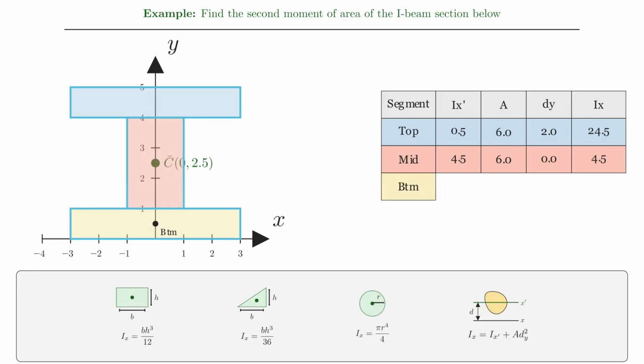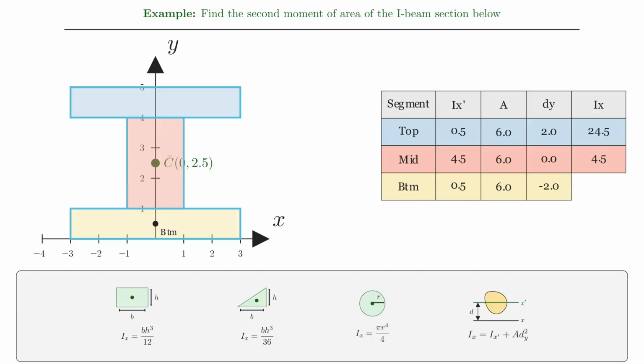Moving to the bottom flange, applying the same formulas, we calculate its local inertia. The base is 6 times the height, which is 1 cubed, divided by 12, giving us 0.5 meters fourth. Its area is 6 times 1, which is 6 meters squared, and its centroid is at a y-coordinate of 0.5, so 0.5 minus the 2.5 for the overall centroid is minus 2.